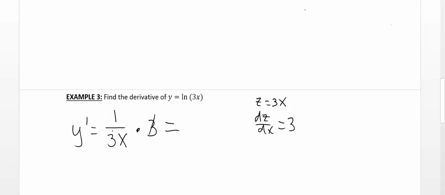So here, the 3's are going to cancel, and we're left with 1 over x. So again, the common mistake is that people think the derivative is 1 over 3x, when in reality, it's 1 over x. So you have to use the chain rule even if there's a constant inside the natural log.